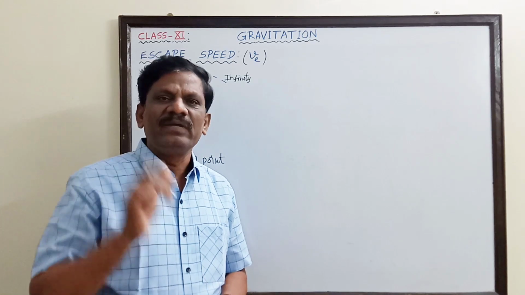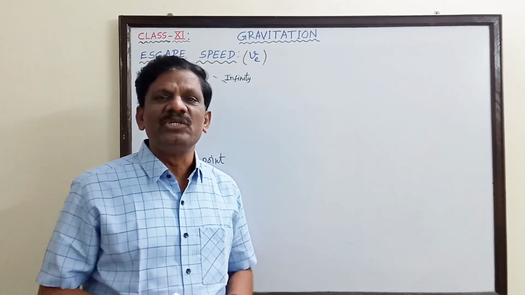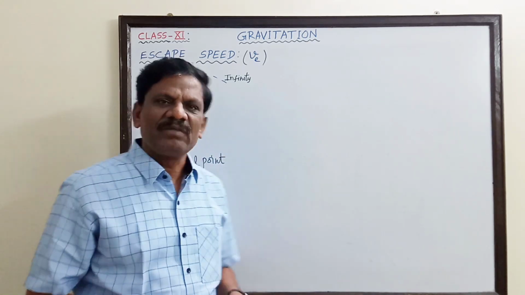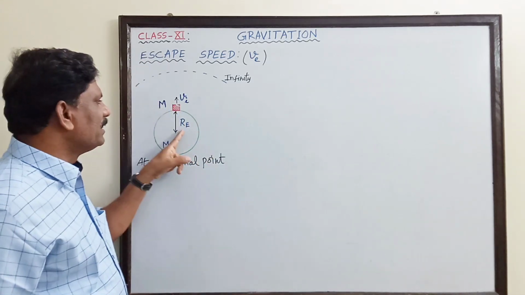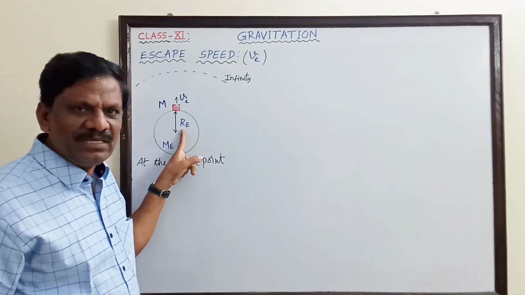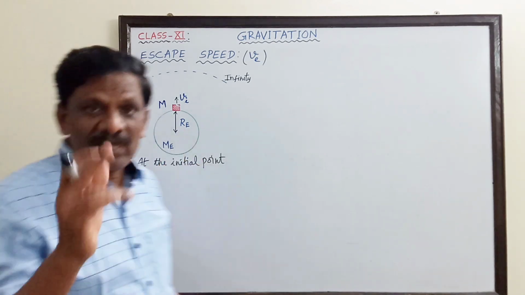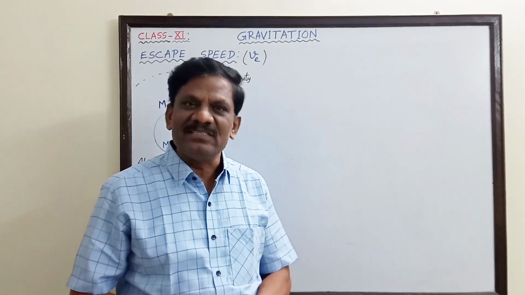Now it will have a gravitational potential energy due to its position. From the center of the Earth, this body of mass M is placed at a distance of RE. So it will have a gravitational potential energy.